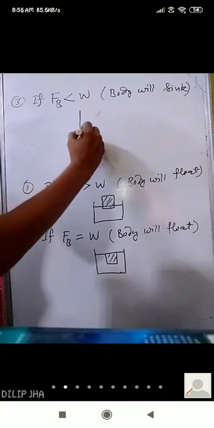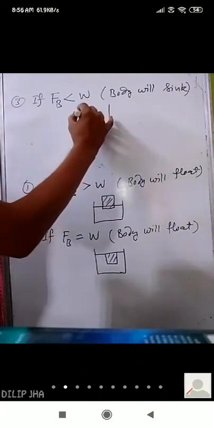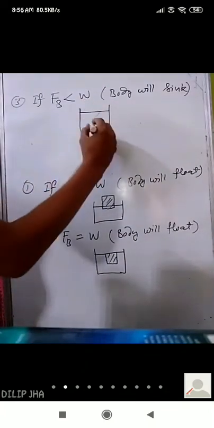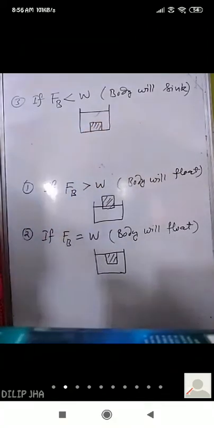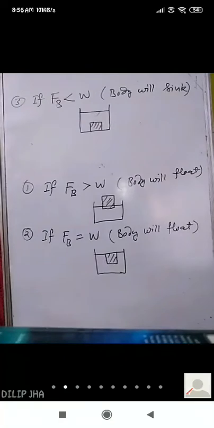And the figure is like this. Here the whole part of the body is inside the fluid or liquid. So these are the three conditions for the body to float or sink. We have just compared two forces: one is the upward force, that is upthrust or buoyant force, and another is the weight of the body.